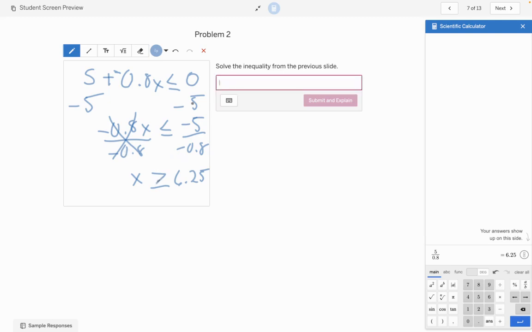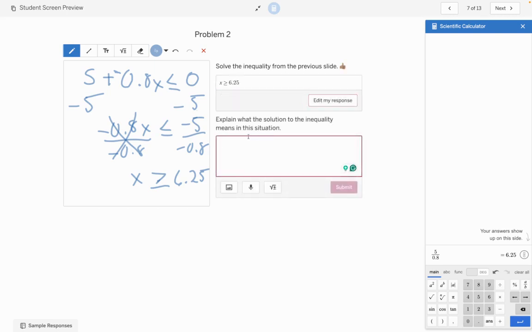So our solution should be, x is greater than or equal to 6.25. So what does this mean?